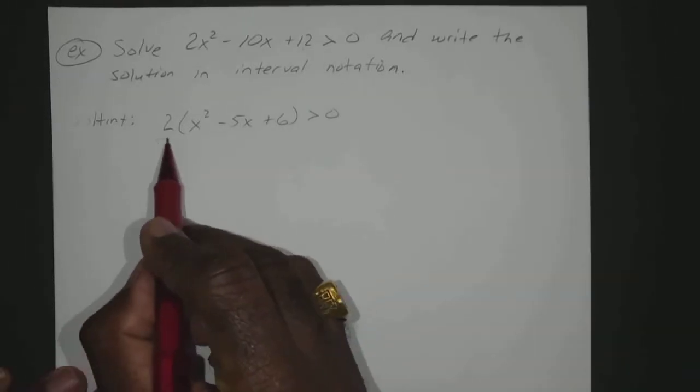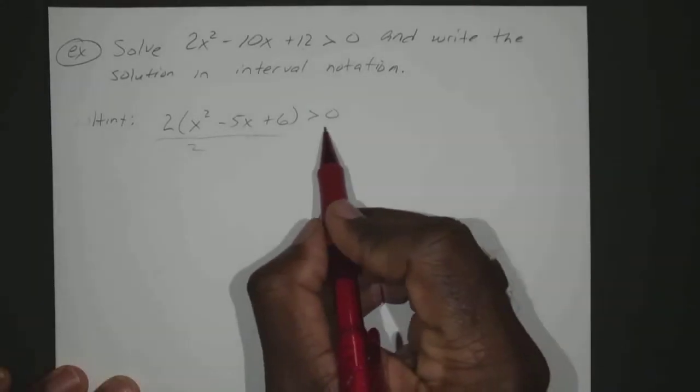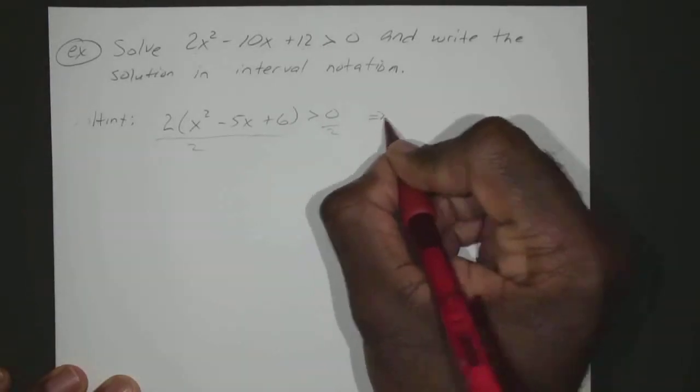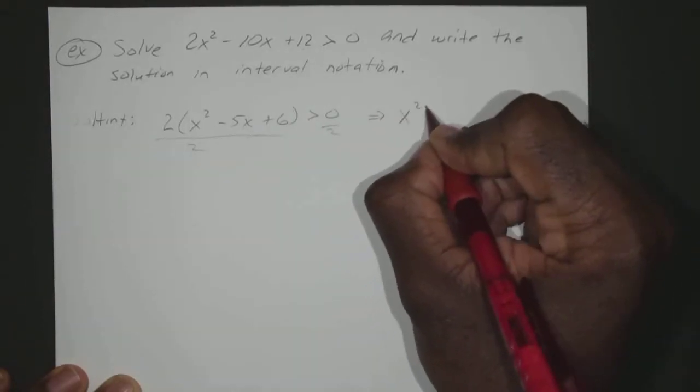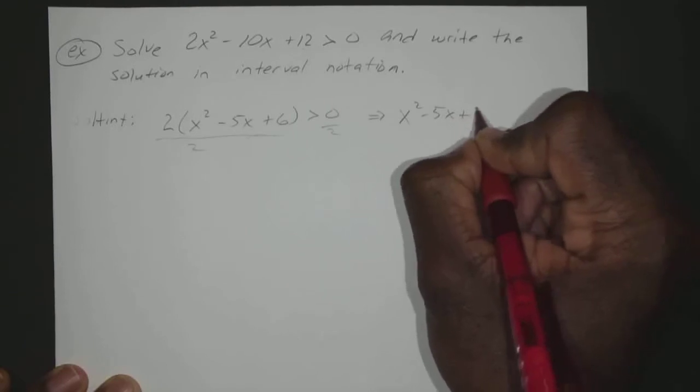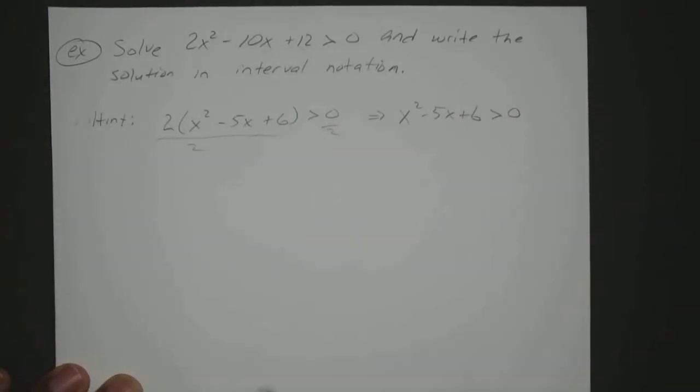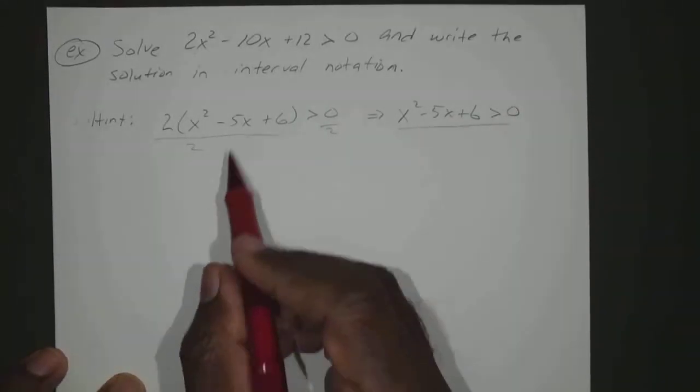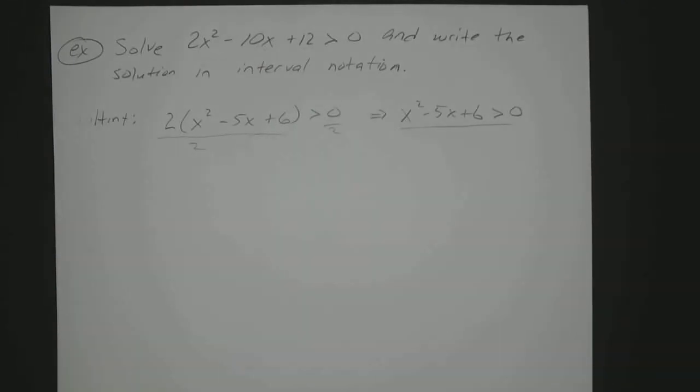Now if you divide both sides by 2, you end up with x squared minus 5x plus 6 is greater than 0. So we can actually use that one instead. All right, so I'm going to let you start on that one for a few minutes.